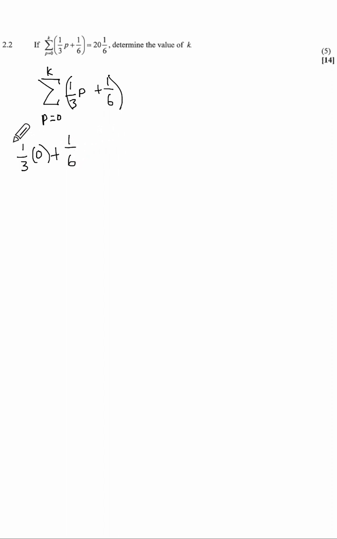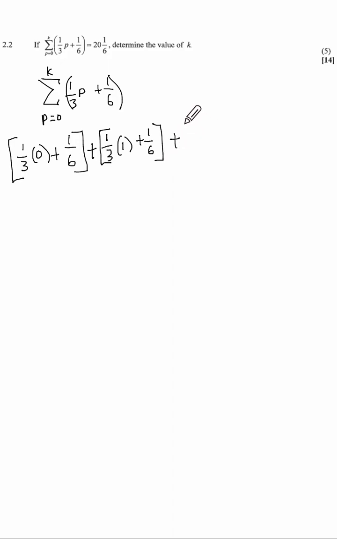That's the first term. So I'm just going to put it in brackets to make sure that we understand that the whole thing in those brackets is the first term. And then plus, because it's sum. We have this sigma notation, it's sum. So we say plus. And then the second term, from p equal to 0, we go to p equal to 1. So then we substitute 1 here where there's p. So it will be 1 over 3 by 1 plus 1 over 6.